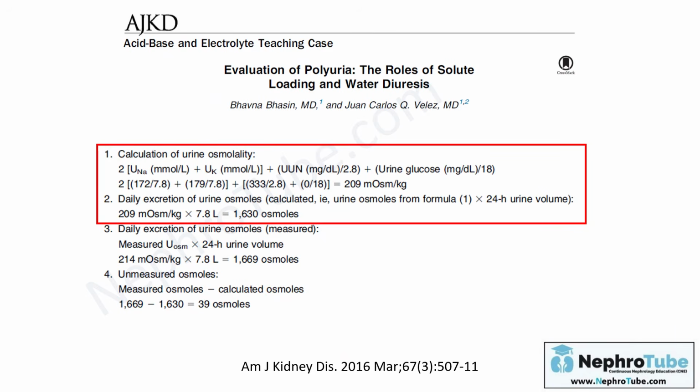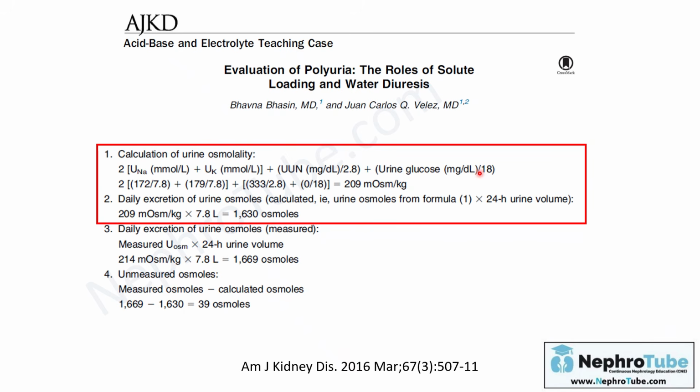Let's see this case. This case presented with polyuria, and at last they diagnosed the cause of polyuria as intake of a lot of solutes in the patient's diet. Let's check how they calculated the osmoles of urine. First, they calculated the urine osmolality by the traditional equation.